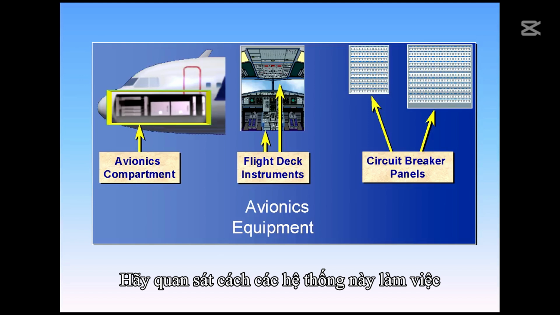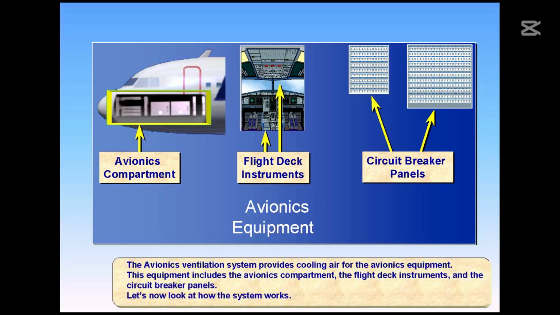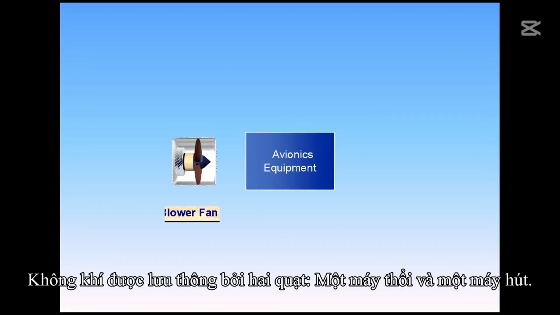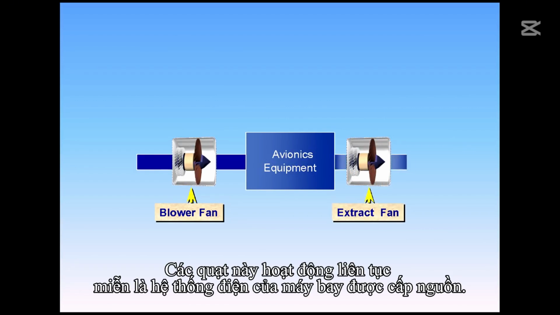Let's now look at how the system works. Air is circulated by two fans, a blower, and an extractor. These fans operate continuously as long as the aircraft electrical system is supplied.